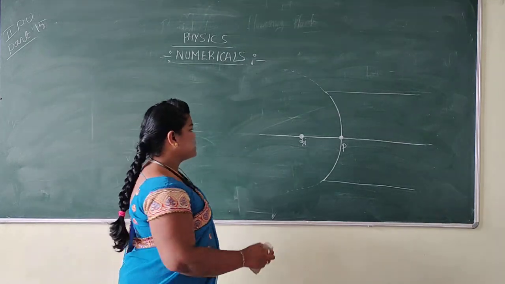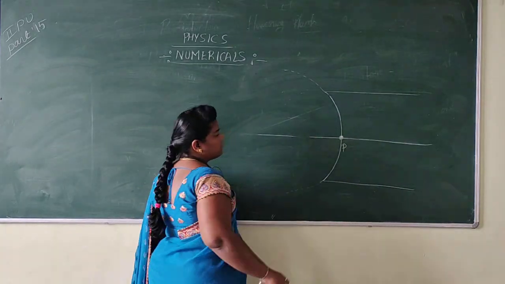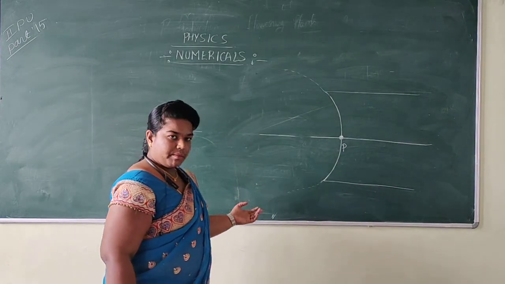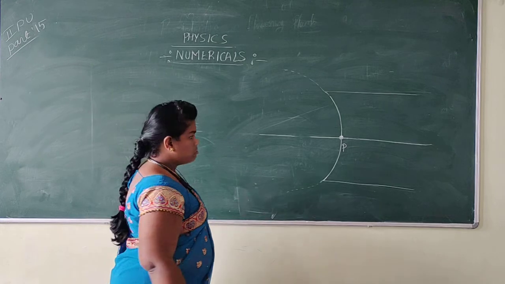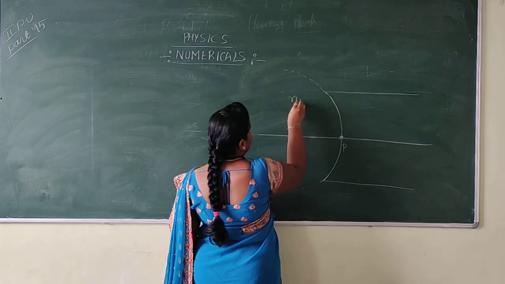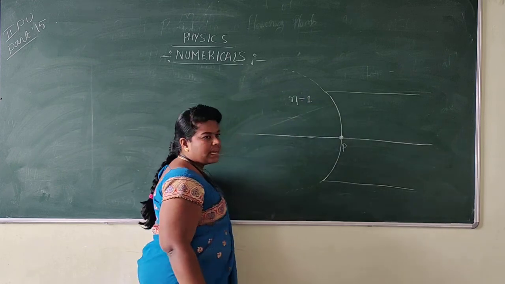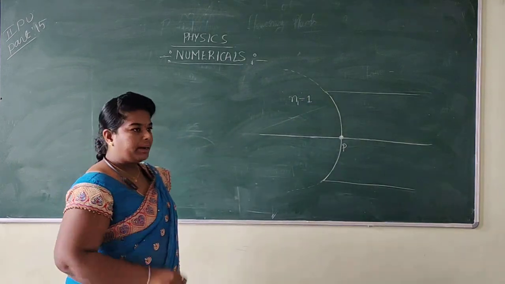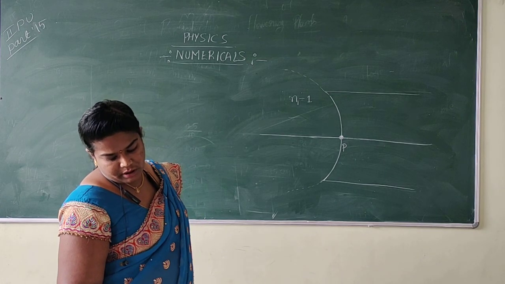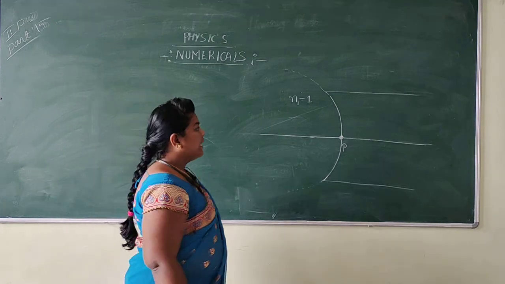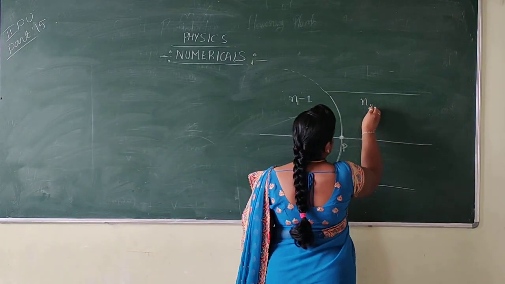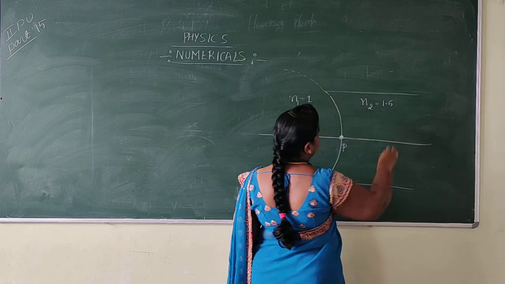I can't represent the object distance, because this distance represents the radius of curvature, it should not be more or less. So I will not represent the object, but air is where the object is. So that air is our refractive index, n1 is equal to 1. Next, the concave spherical refracting surface has refractive index 1.5, and this is n2, this is 1.5.